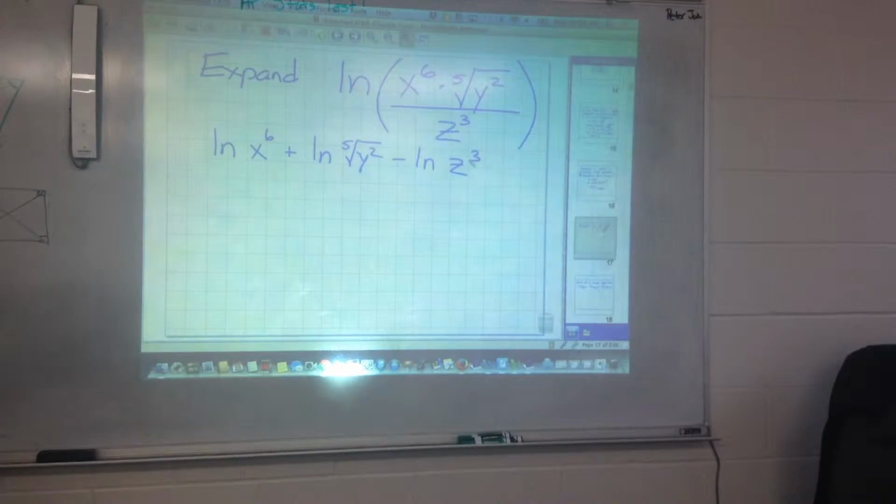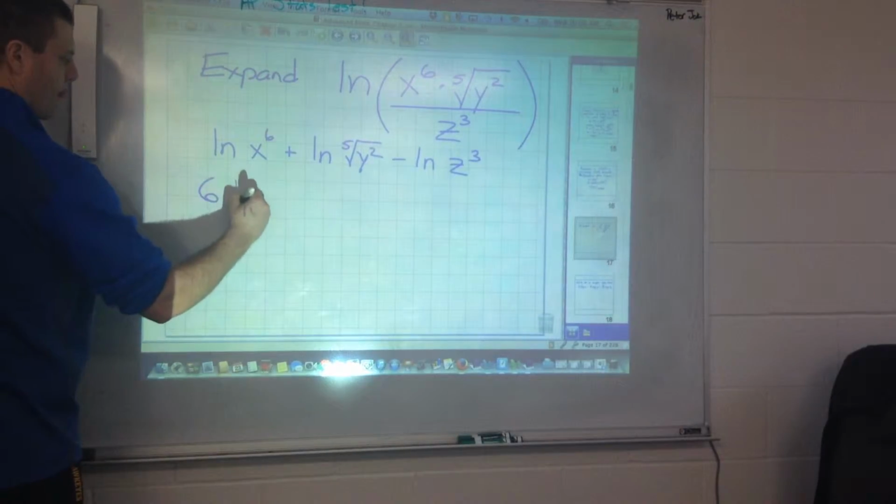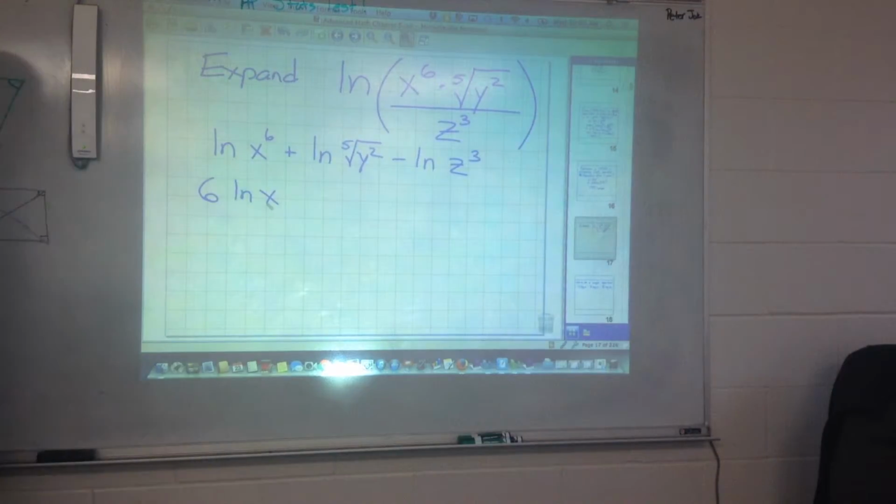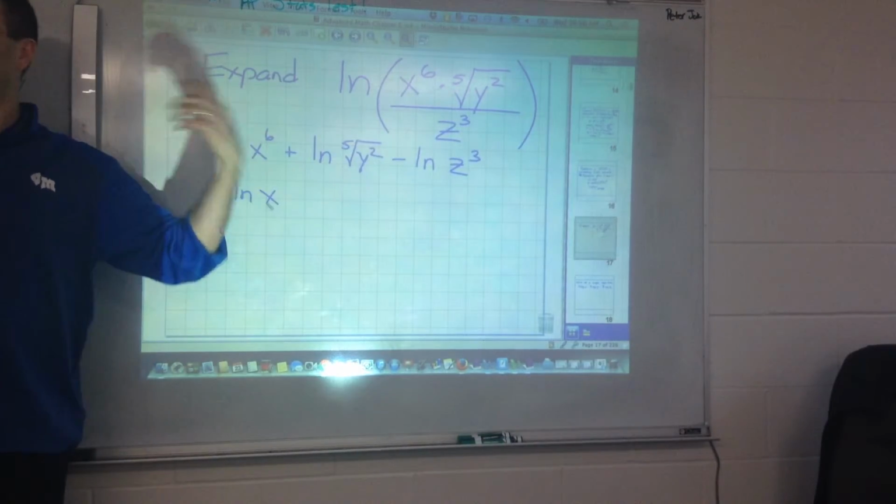Would the 5 in the radical maybe be 2/5? The 5th root of y squared is y raised to what power? 2/5. Yep, 2/5. Because if you remember, the square root is like the 1/2 power. A cube root would be a 1/3 power. A 5th root would be a 1/5 power, but then you also have it raised to the 2nd.